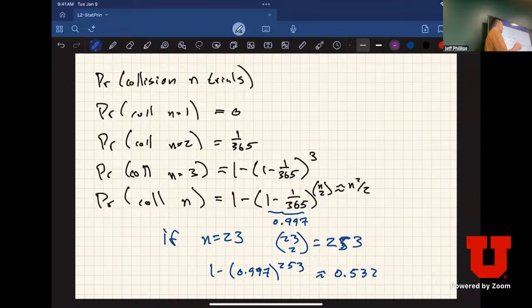Let's do, if n equals 365, let's say ignoring leap years, what's going to happen? I'm going to plug it in here. I'm going to get 1 minus 1 over 365 to the power roughly n squared over 2. What value is that going to be if n is 365?